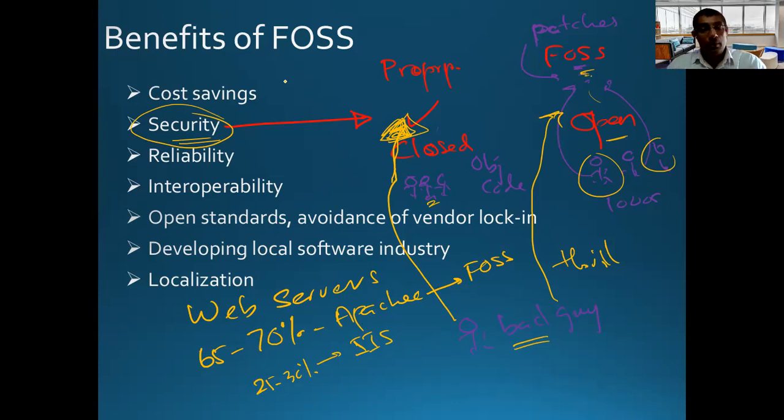You might have heard about domain names. We discussed DNS servers. Most of the DNS servers are running on Linux machines, right? 99%, I think, 95% I would say. What else? Web servers. And now LMS, Moodle, right?